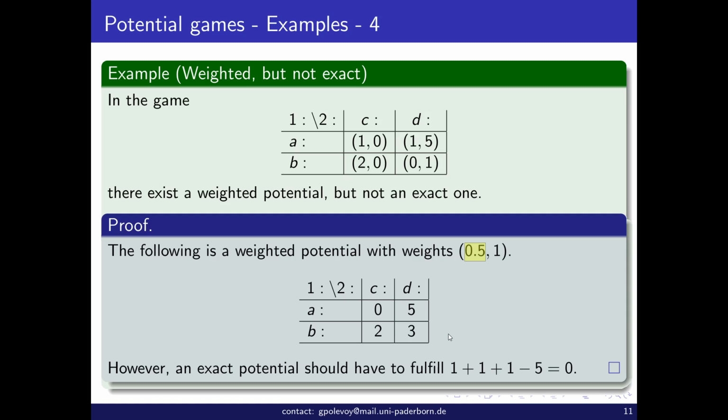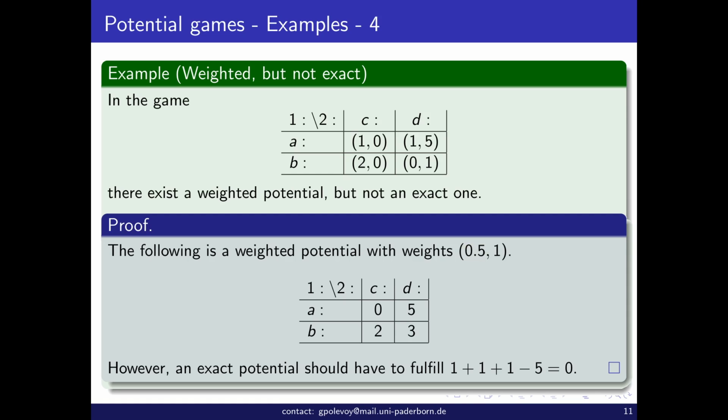However, there is no exact potential, because the exact potential should have fulfilled, if you already have looked at this counterclockwise circle, that the total change in the exact potential should have been equal to the total change in the utility of the changing players.